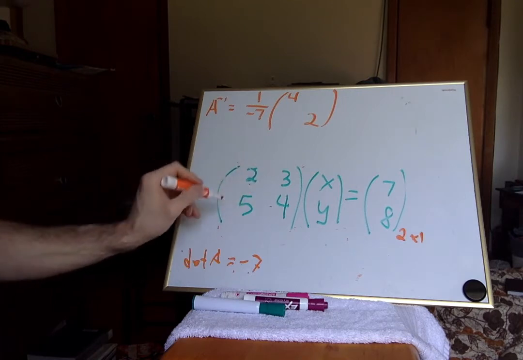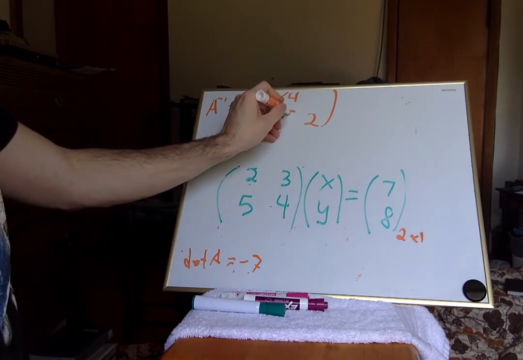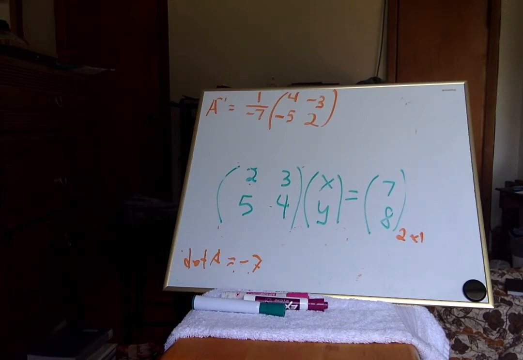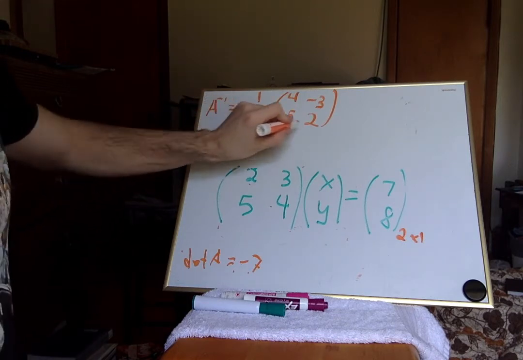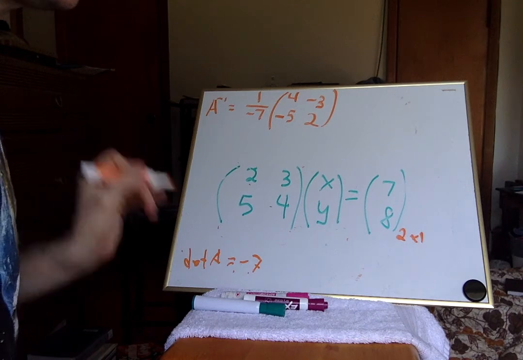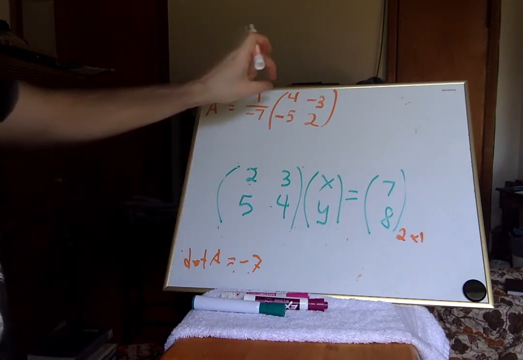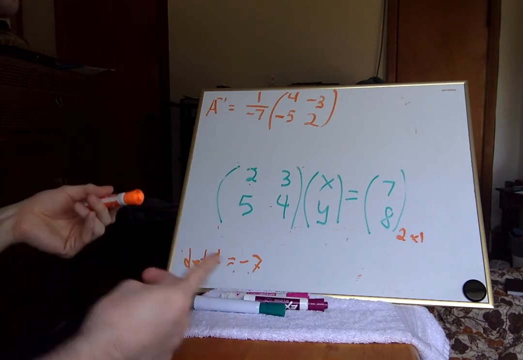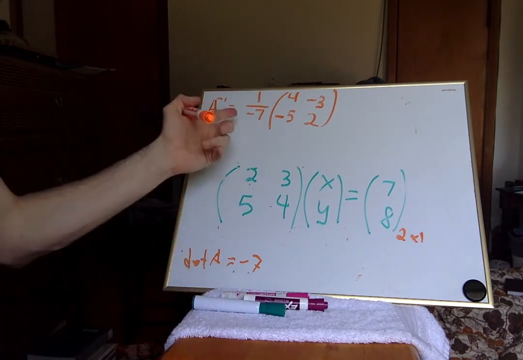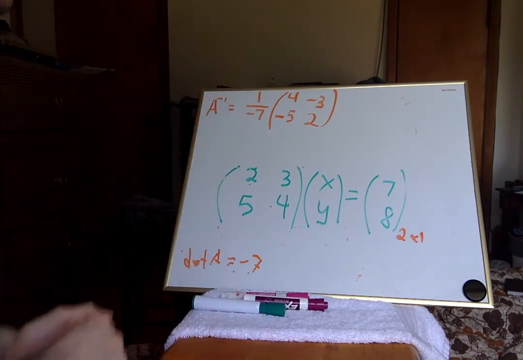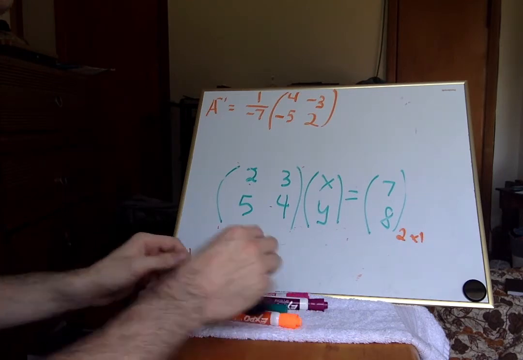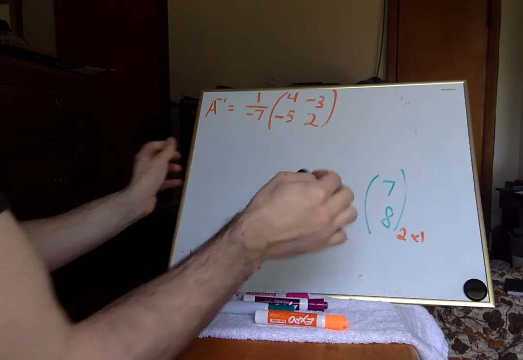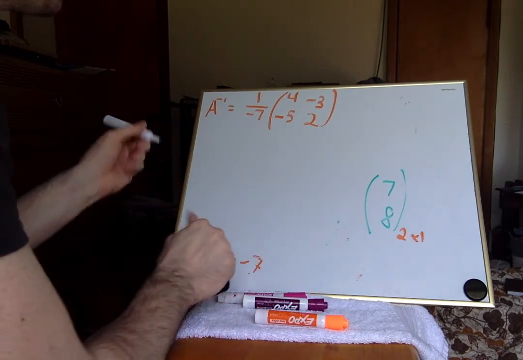And then the off-diagonal elements, I'm going to negate them. Now I could pass this through. There's nothing wrong with that. I could multiply this through. But there's really no need to do that because I can do that at the very end. So instead, I'm just going to hold off on that.